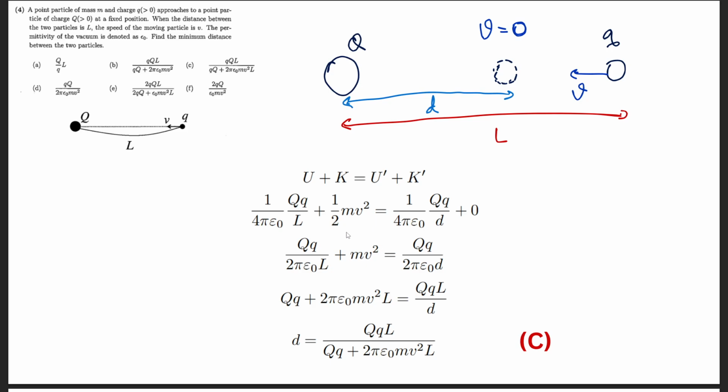To make our life easier, we can remove this half, so we multiply all of this by 2. Then the 2 cancels, and the 4 pi epsilon naught divided by 2 is 2 pi epsilon naught.